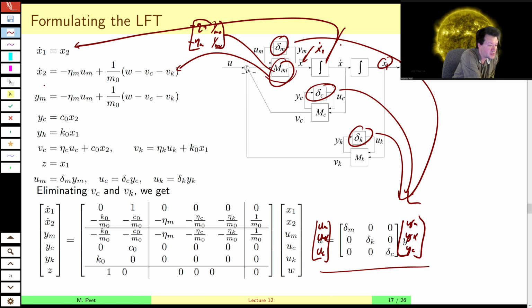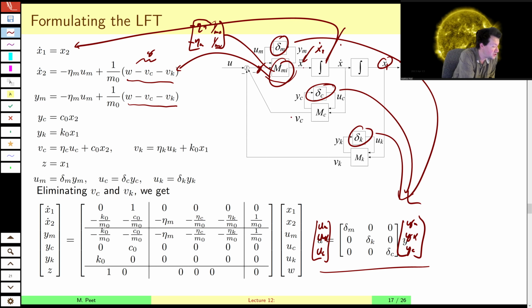So x2 dot equals negative a to m times x2 plus 1 over m naught times the signal which we labeled g earlier. I guess that gives us another equation. So g is w minus vc minus vk, but that's okay.